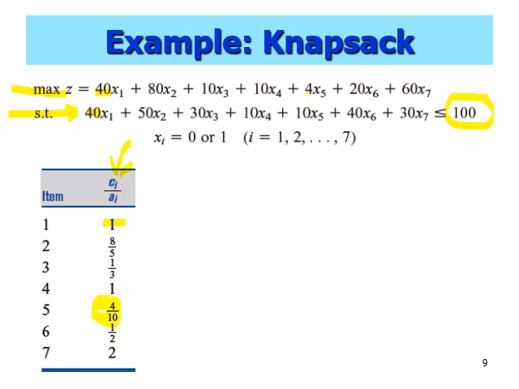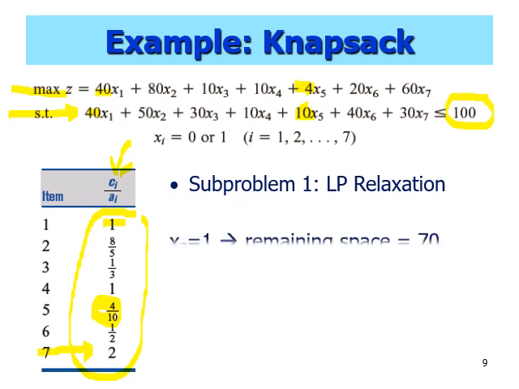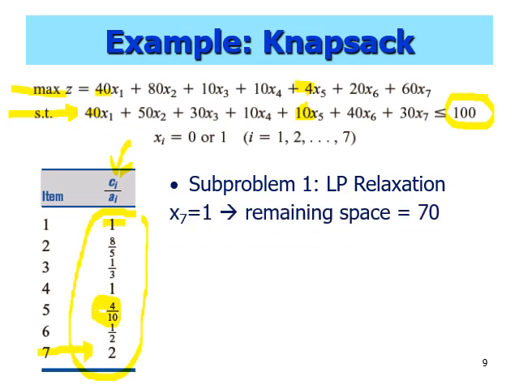Item 5, the benefit is 4, but it consumes 10 of the space or capacity in your knapsack. So the ratio is 4/10. So now you have all this ratio, and then you sort these items from the highest ratio. The highest ratio is item 7 here with the ratio 2. So that is the first item that we put in our knapsack.